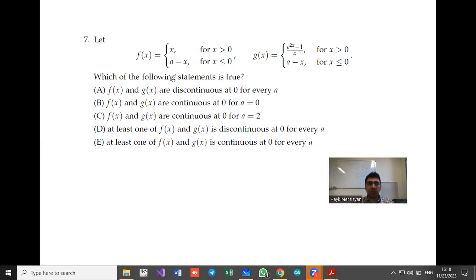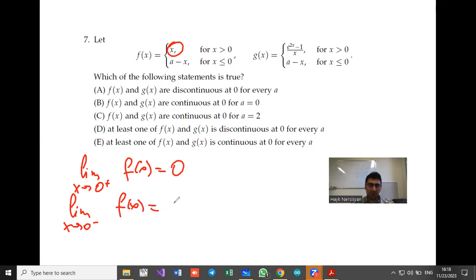First of all, guys, before discussing given statements, for which value of a, f will be continuous. So to be continuous function, limit from both sides, from left and right, should be equal. So from the right side our f of x is x, so here we have 0. Limit from the left side of our f of x is a. To be continuous function here, a should be equal to 0.